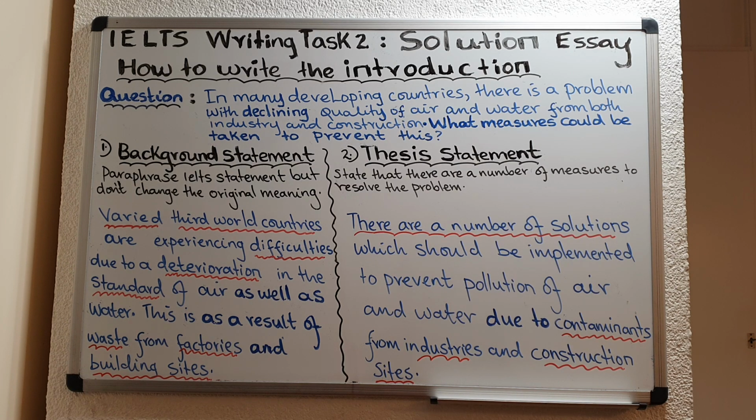So the background statement deals with the first part of the question, which is in many developing countries, there is a problem with declining quality of air and water from both industry and construction. In your background statement, you rewrite that part. And then in your thesis statement, you give an answer to the question, what measures could be taken to prevent this?